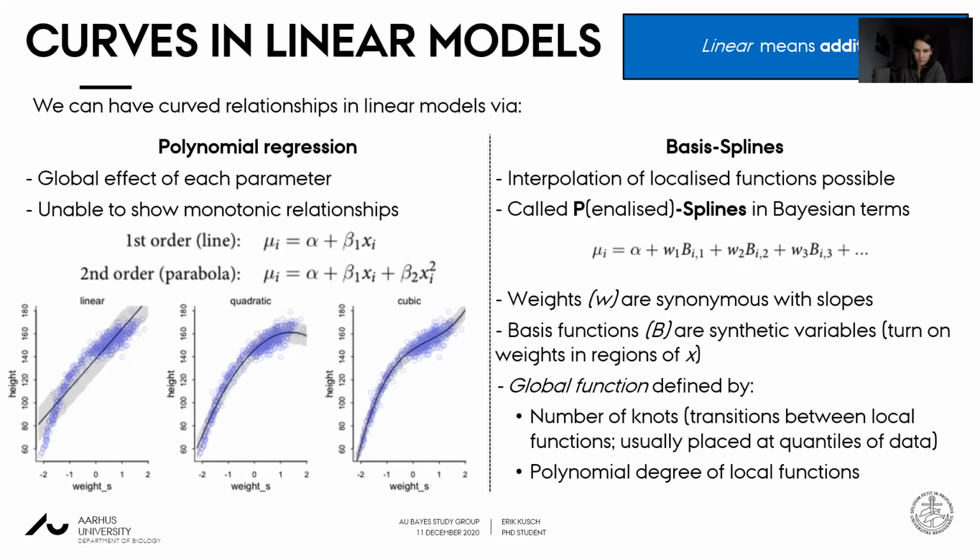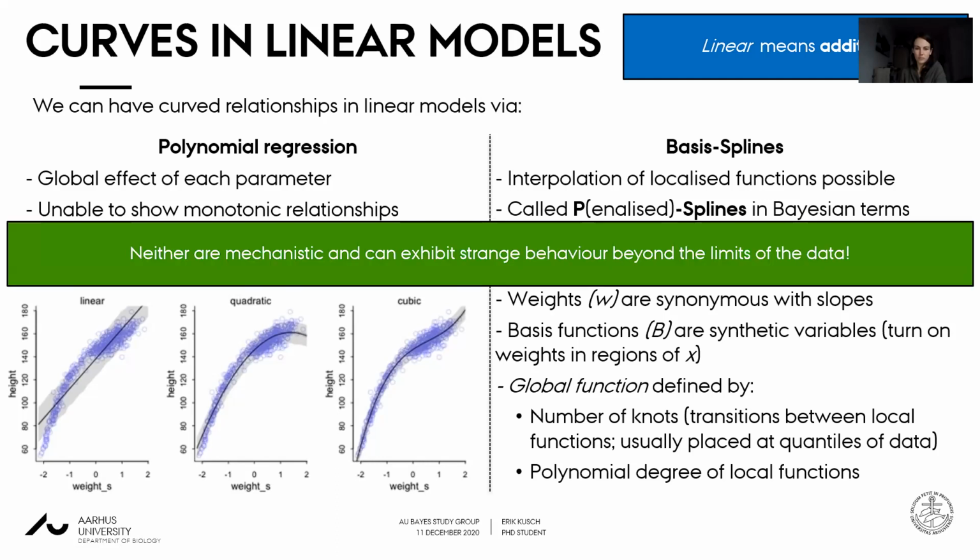So the global function, which we get from B or P splines, is defined by the number of knots, which means how many different functions we want to connect. So the number of knots is how many connection points we have, and the polynomial degree of the local functions, meaning the basis functions themselves.